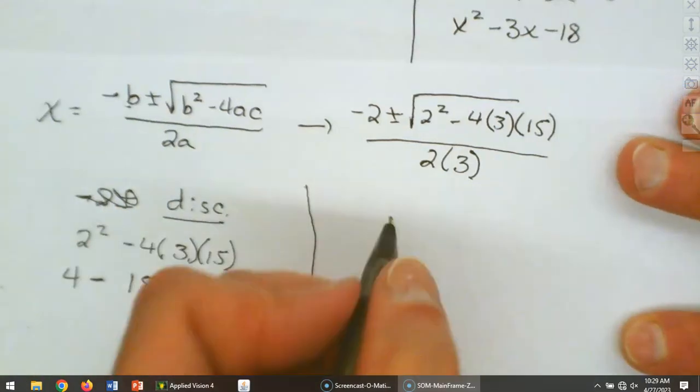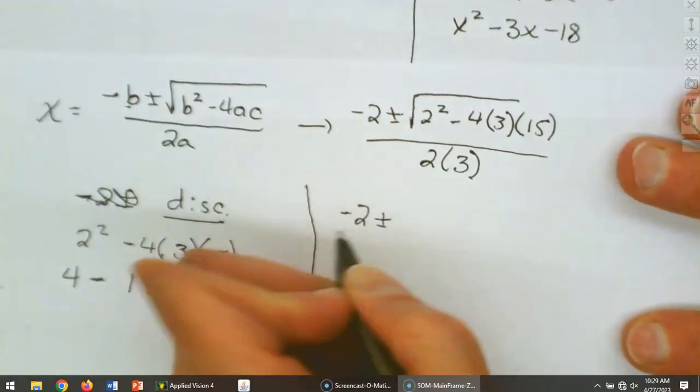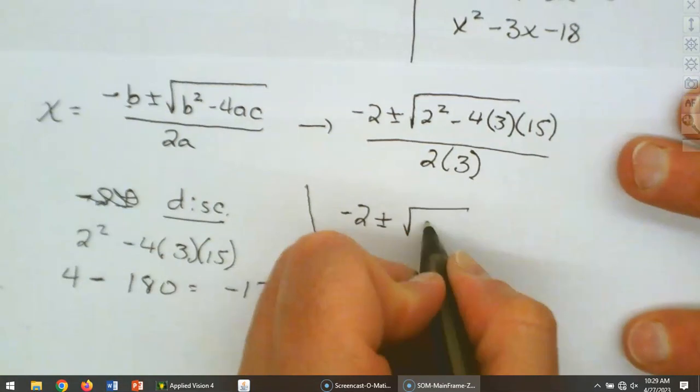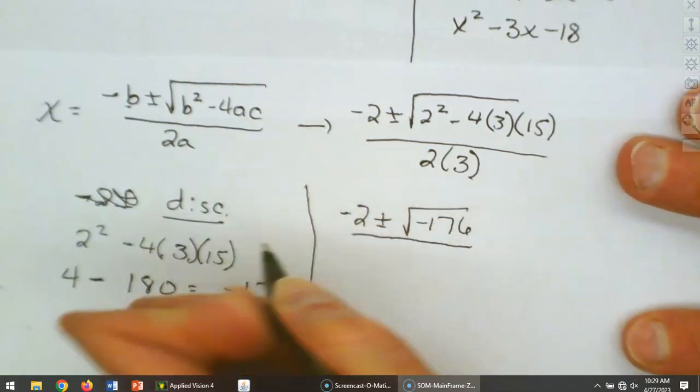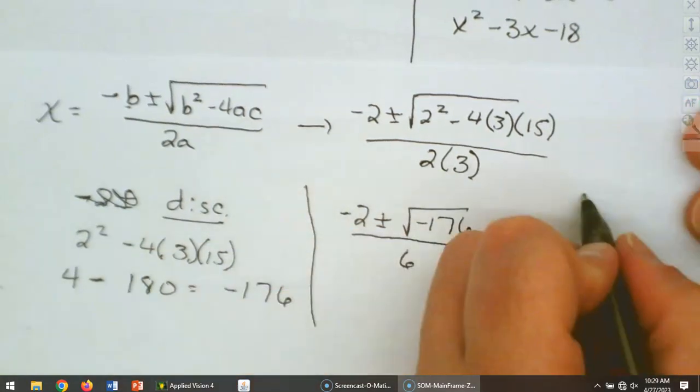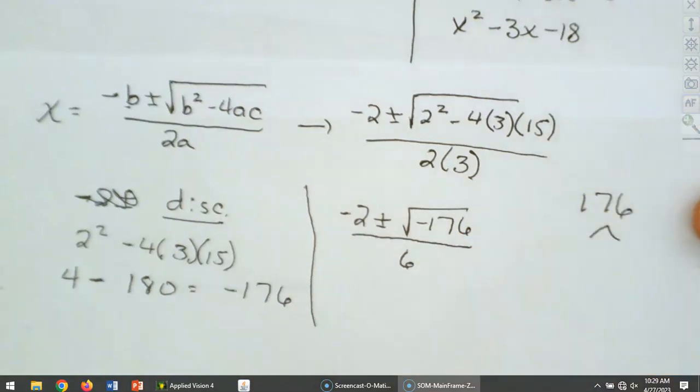Now we can rewrite this as minus 2 plus or minus the square root of negative 176 over 6. And see if we can't break down 176. And I'll slow down a bit so we can get caught up here. But you see what we did. Okay, we had to FOIL everything out. It took a little bit of time. I didn't put one of these on your homework, but you'll see something like this in college algebra.